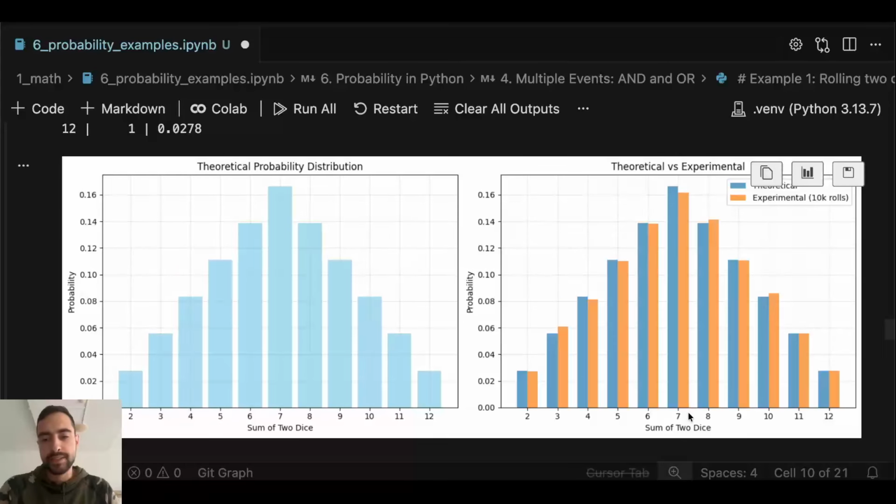So you can see that we can get 7 in a lot more different ways than, for example, 2, because we can get 2 as the sum only if both of the dice are 1. But 7 we can get in a lot more different ways. So the probability of the sum being 7 is a lot higher. And that's the probability distribution over all of these sums.